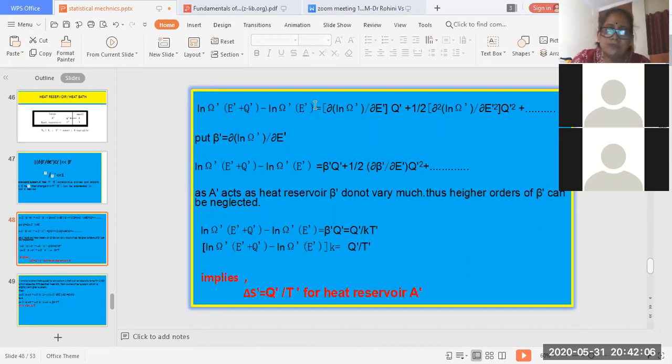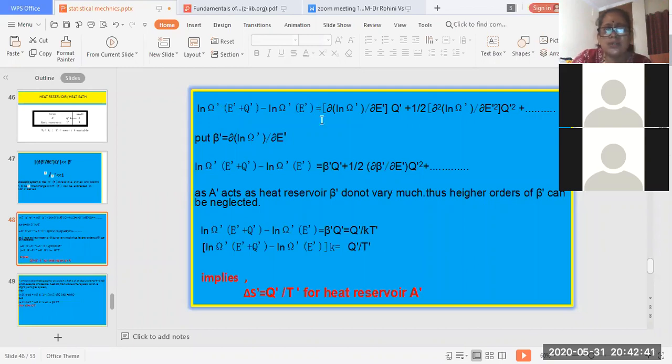Here I have not taken the difference of A dash and A. The difference is with respect to the same system, A dash, but existing in two energy states: one is the state E dash plus Q dash, and another is the ground state. With respect to the ground state, the change is expressed in terms of a Taylor series. The Taylor series condition is that the difference should be very, very small, the left hand side.